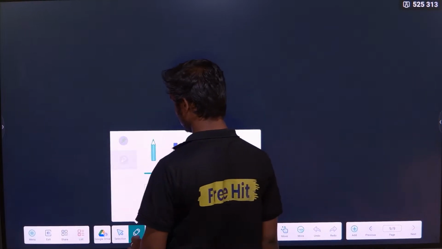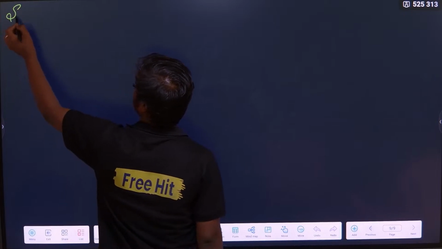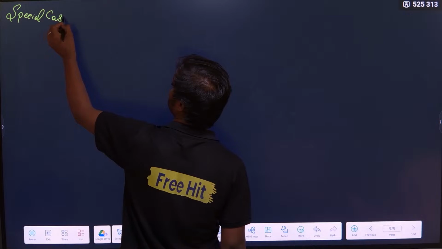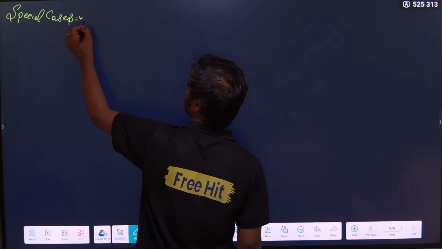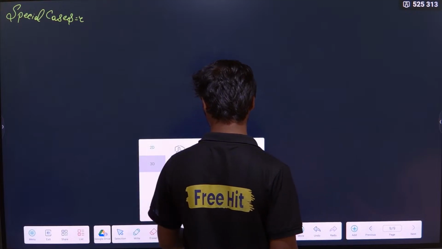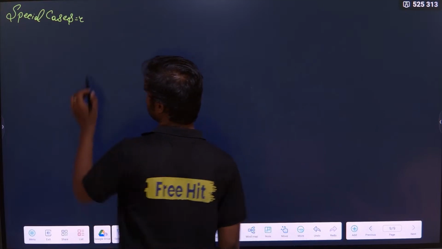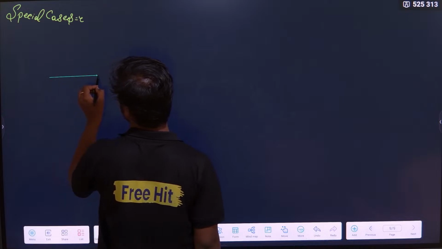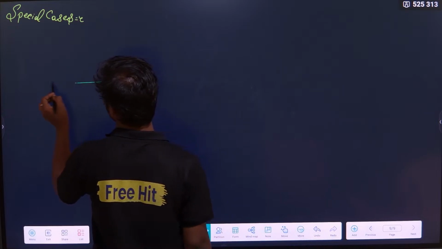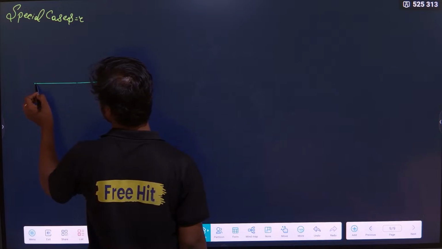there are some very special cases, another set of special cases. First case, suppose there is one vector like this, there is another vector like this.